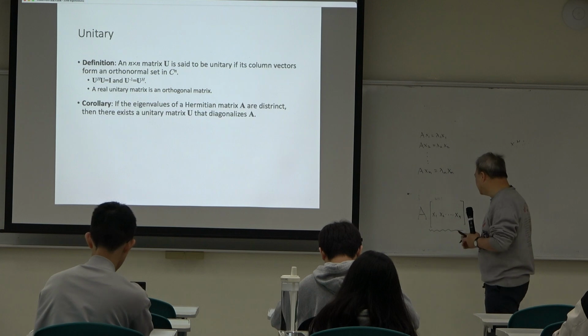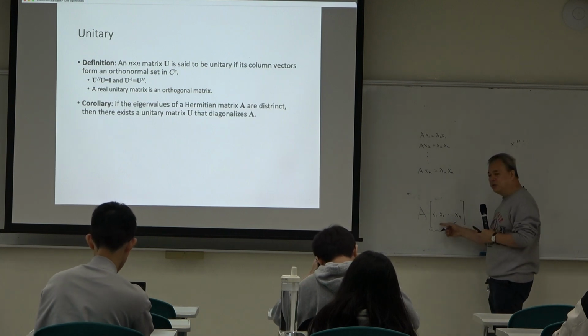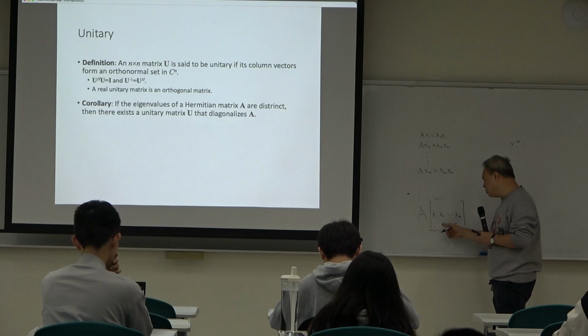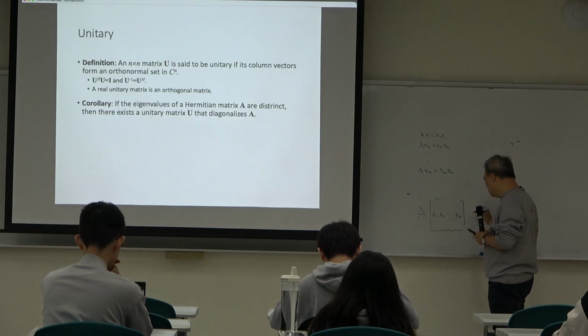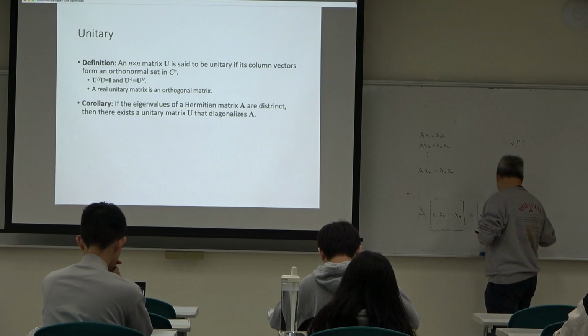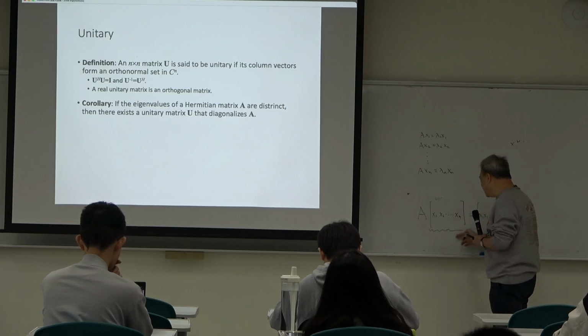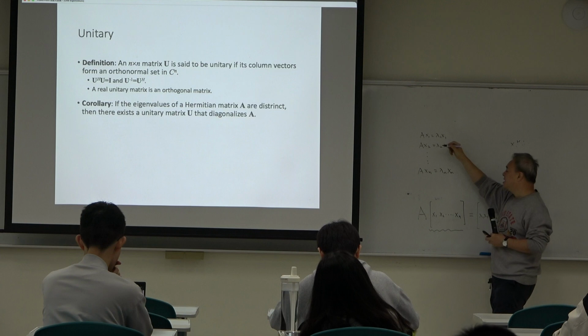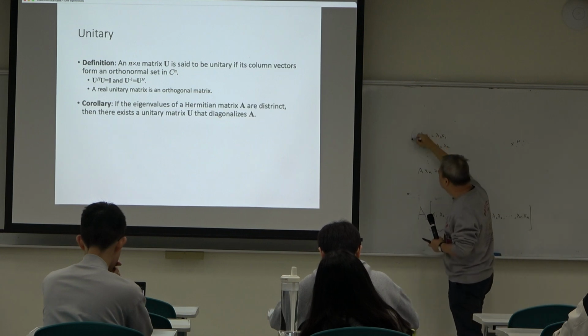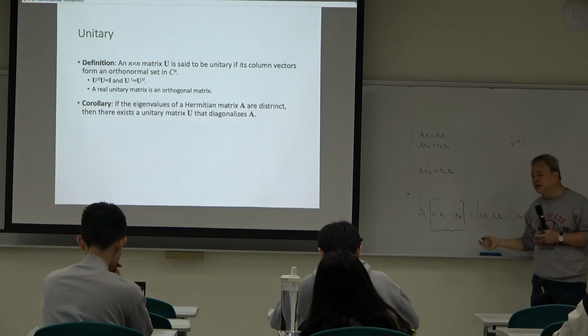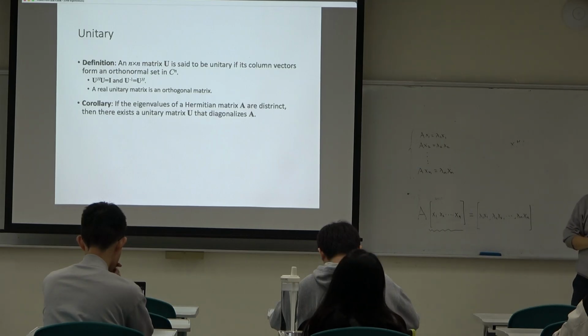Then these eigenvectors are not only orthogonal but also normal. So it will be lambda 1 x1, lambda 2 x2, up to lambda n xn, right? This is an abbreviation of this set of equations, which is written in matrix form.